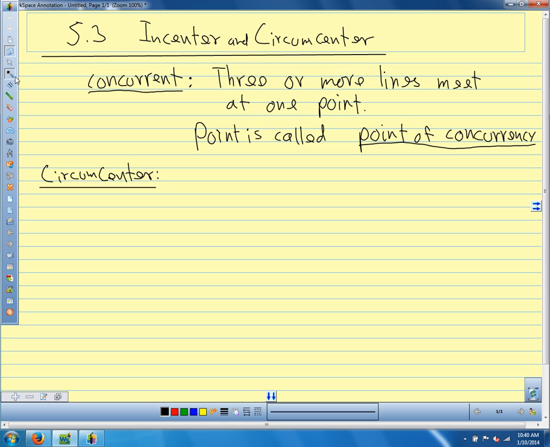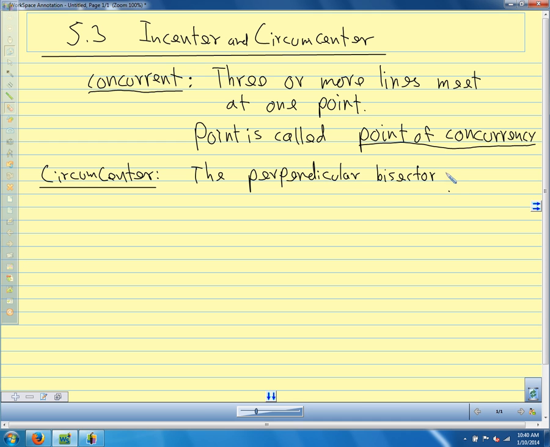The circumcenter, we're going to say the perpendicular bisectors. And before we write more, let's remember what a perpendicular bisector is. What do we mean when we say perpendicular bisector?